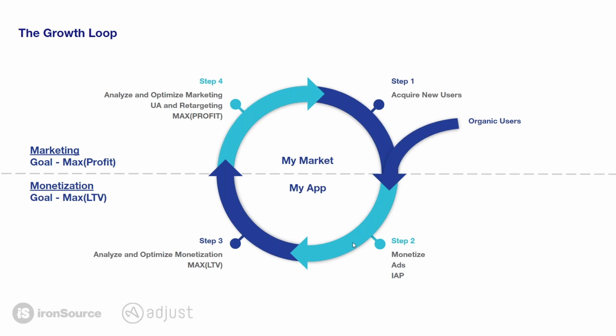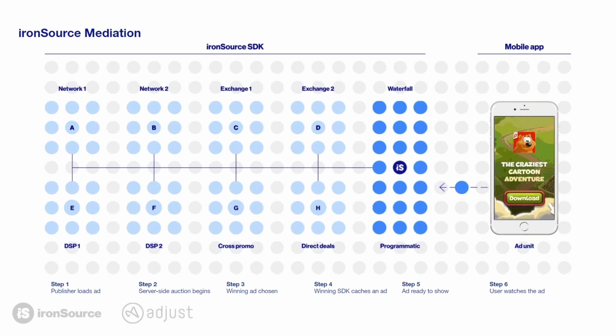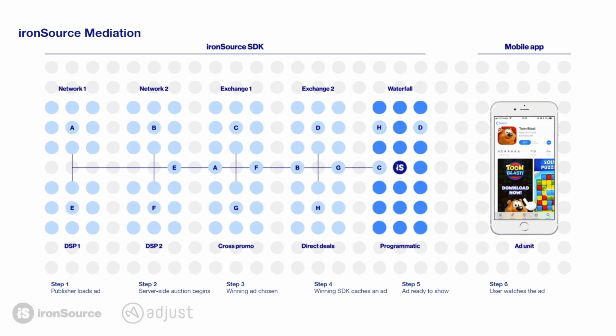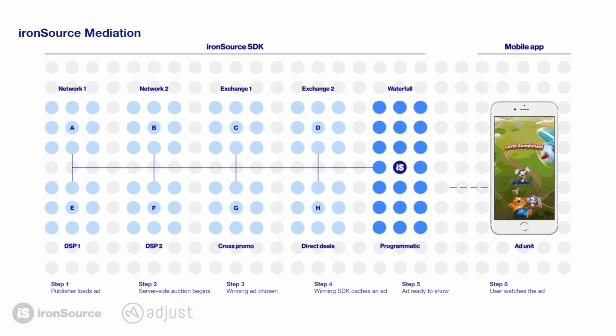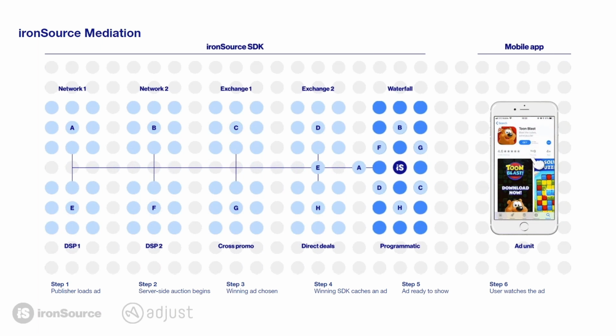When you think about how ad revenue is generated, for each user that comes into the app and engages with ads, whether banners, rewarded videos, video interstitials, playables, offerwalls, whatever that user is engaging with, there's a platform behind the scenes maximizing the revenue for that specific impression.